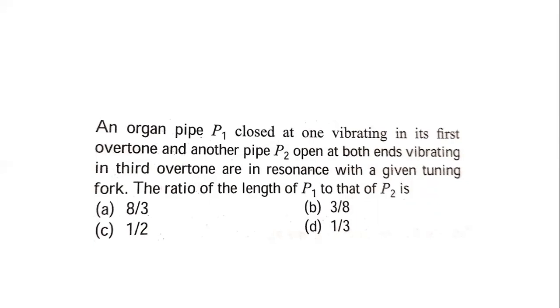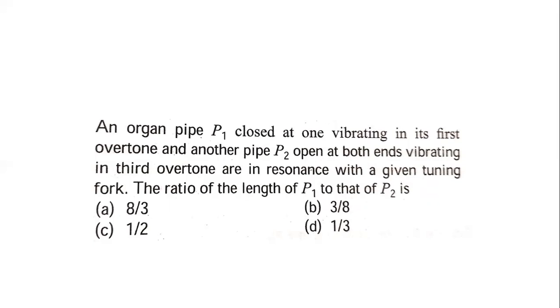It means you just write down 3 times V by 4L1, which must be equated to the second, the open pipe, which is in the third overtone. Third overtone in the open pipe: recall the frequency ratios in the open pipe. It is 1:2:3. All harmonics are present.